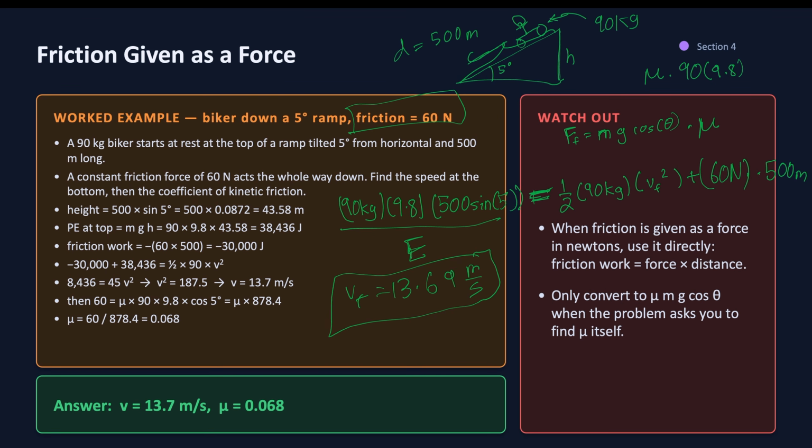It's acceleration due to gravity. Times cosine of 5 is equal to 60 newtons, because we're given that. So 60 divided by 9.8 divided by 90 divided by cosine of 5. And our coefficient of friction comes out to be mu is equal to 0.068.